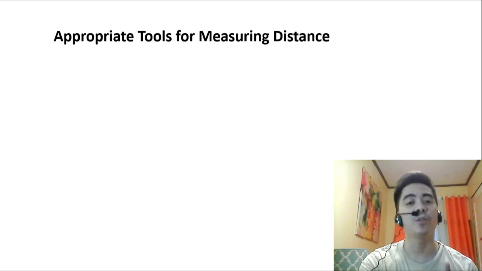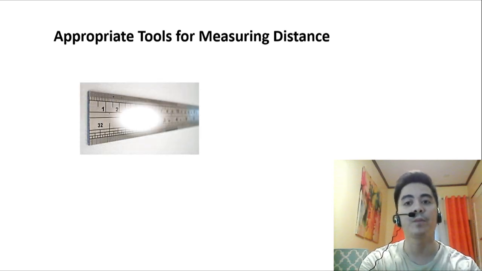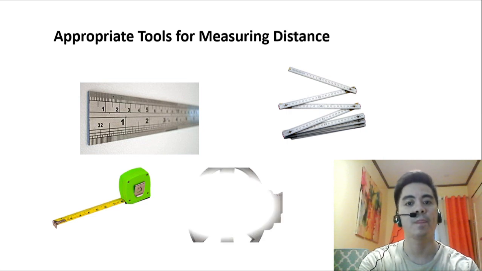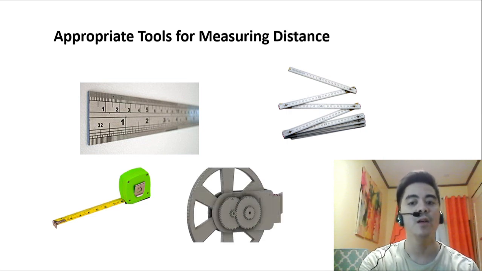Scientifically, distance should be measured using tools such as a ruler, a meter stick, a tape measure, a measuring wheel, or an ultrasonic distance measurer. There are many materials that can be used to measure distance exactly.